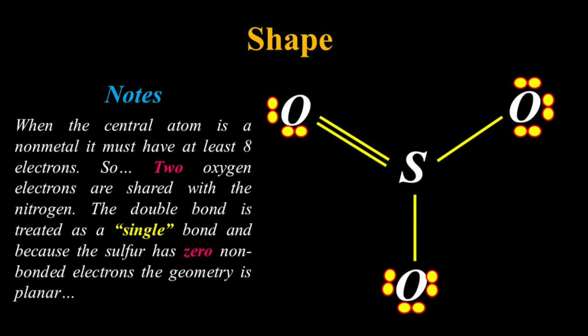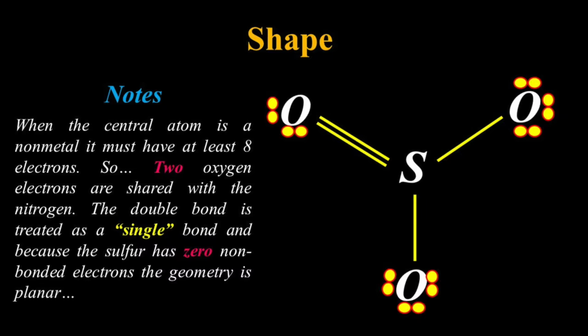Now, just to review, when the central atom is a nonmetal, it must have at least 8 electrons. So 2 oxygen electrons are shared with the sulfur. The double bond is treated as a single bond, and because the sulfur has 0 non-bonded electrons, the geometry will be planar. But what kind of planar? How many oxygen atoms are there?